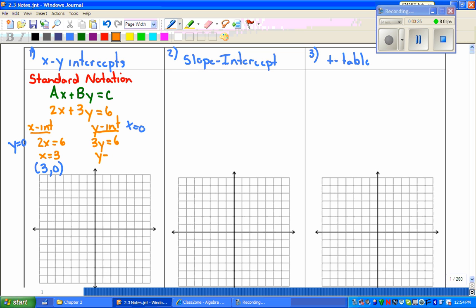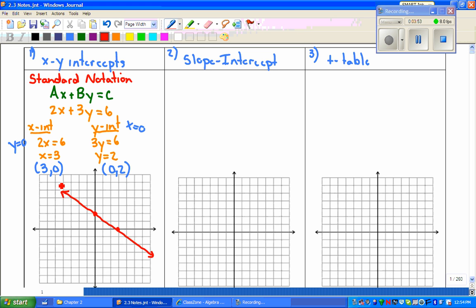You end up with y is equal to 2, so your ordered pair for this is going to be 0, comma 2. Then you're going to graph these points. 3, comma 0, start at the origin, 1, 2, 3, and 0, comma 2. And what you have is your 2 points, and we make my line through those 2 points. Okay, so that right there, that's standard notation.